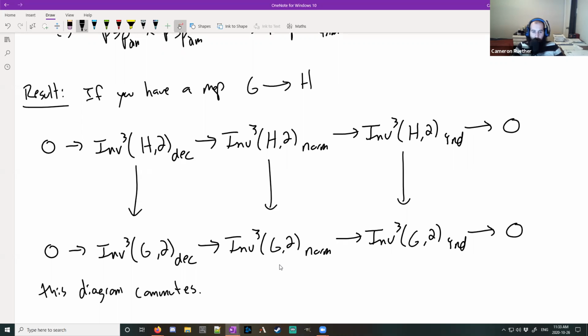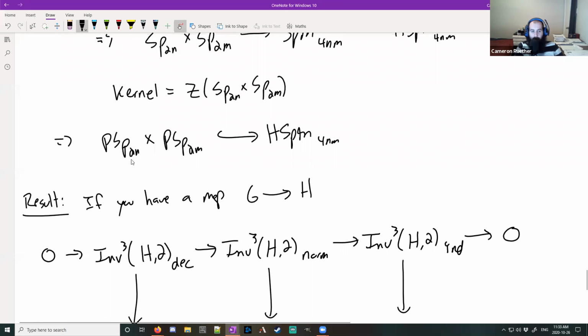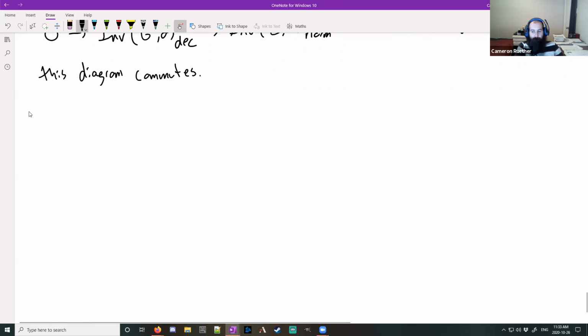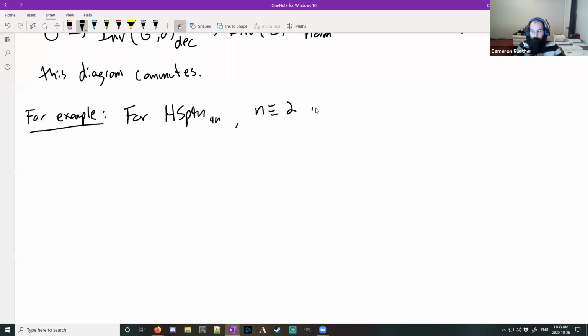So now, in order to get descriptions for half spin, it's just picking n and m cleverly and applying the sequence. So for example, for half spin n, if n is congruent to 2 but not equal to 2, it's something like this, where m is odd.